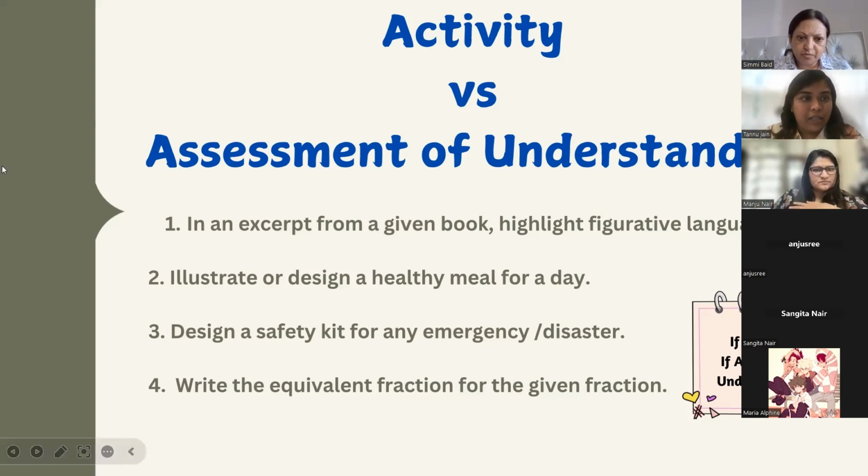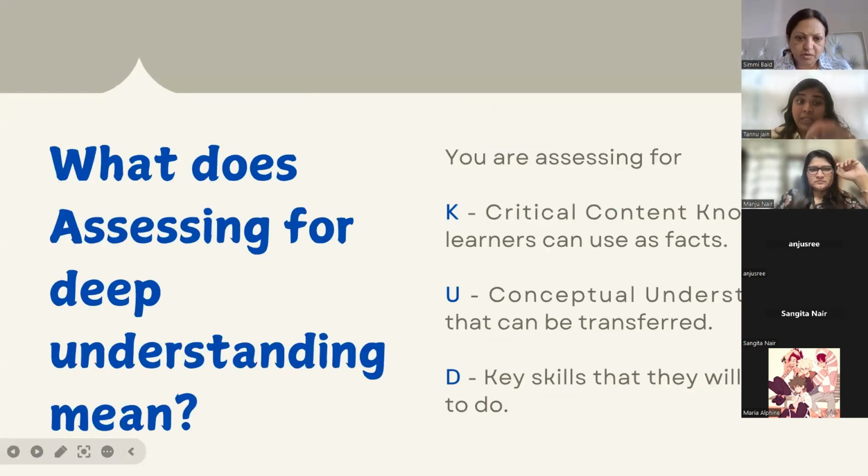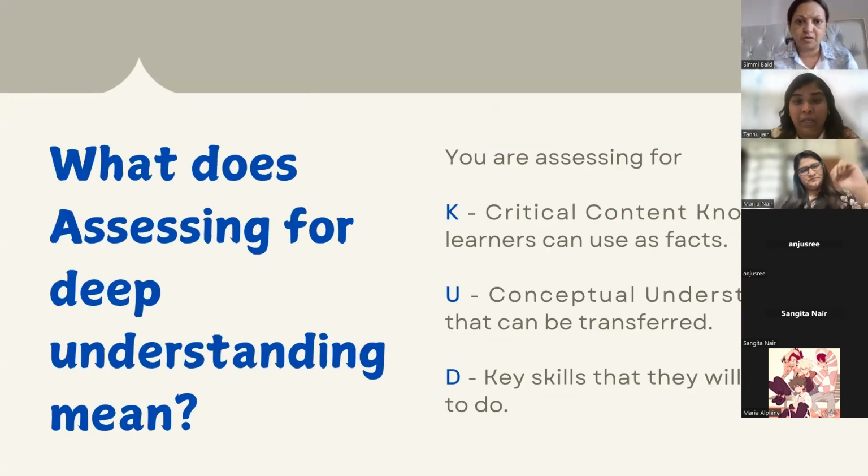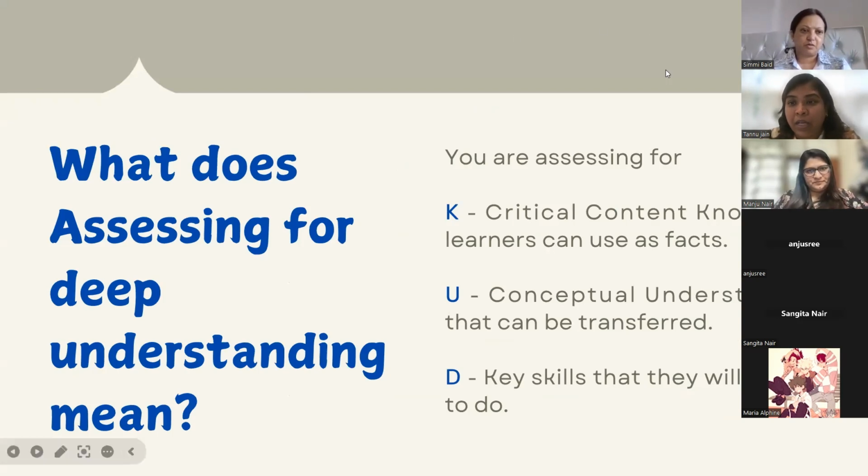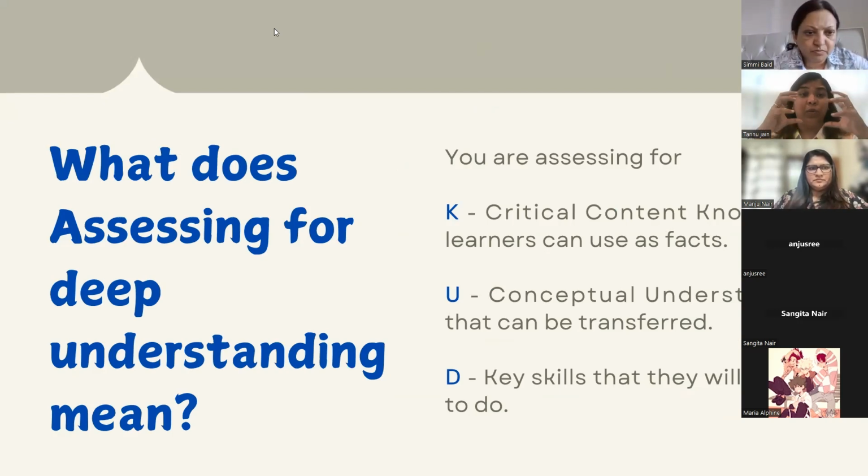All right. So what does assessing for deep understanding mean? Being an Erickson and Lanning independent trainer, out of my training course, this is my basic understanding: your assessing is your KUD. We usually write in our planners what the children will know, what the children will understand, and what the children will be able to do.